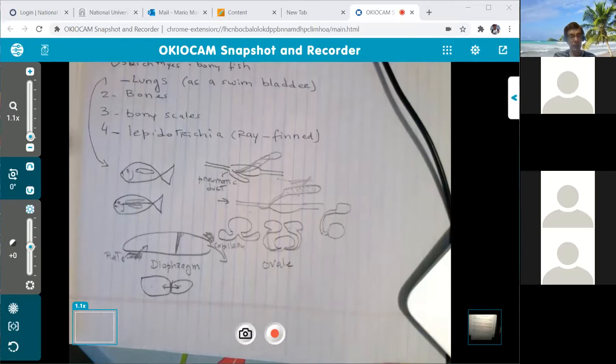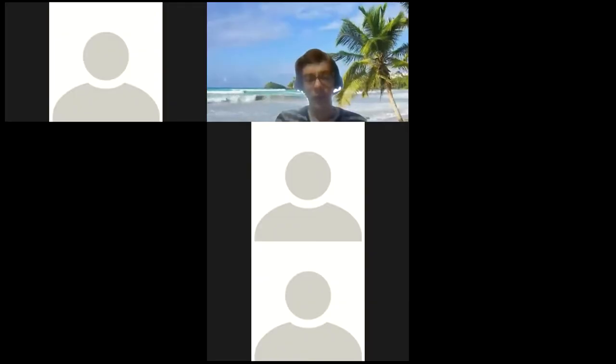Again, these are the ones that don't have the pneumatic duct, so they have to get the air from the circulation. The other ones just swallow it.